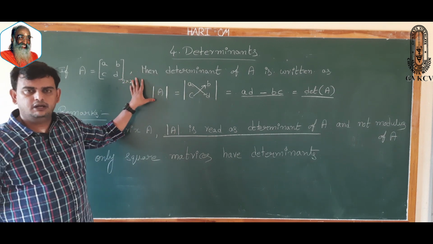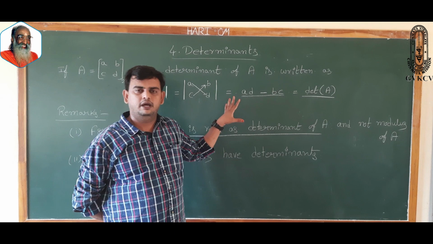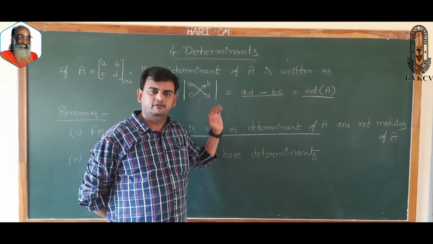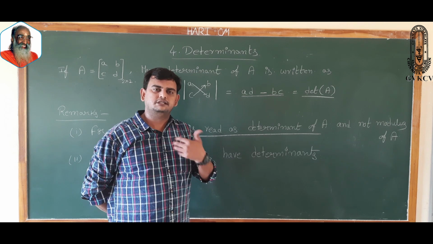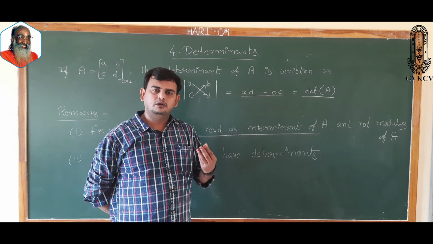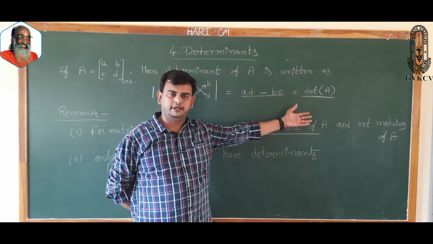There is a square matrix, and for a square matrix we are finding the determinant. As I told you, determinant means for every matrix we have one value. Every matrix itself has one value. That value we are finding is itself called the determinant.